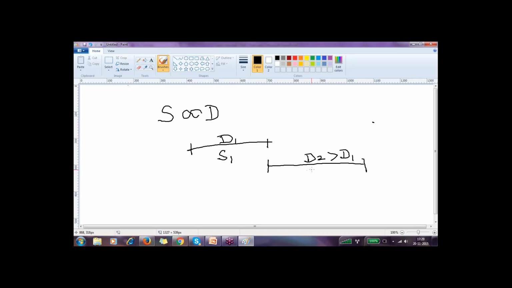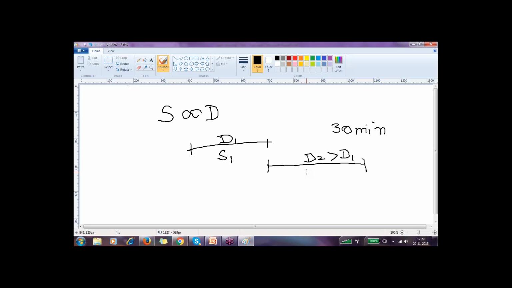Time remaining constant, you have to cover this d2 distance also in the same 30 minutes. So what will you do to the speed? Will you increase the speed or decrease the speed? Mind it, time is the same, distance has increased.